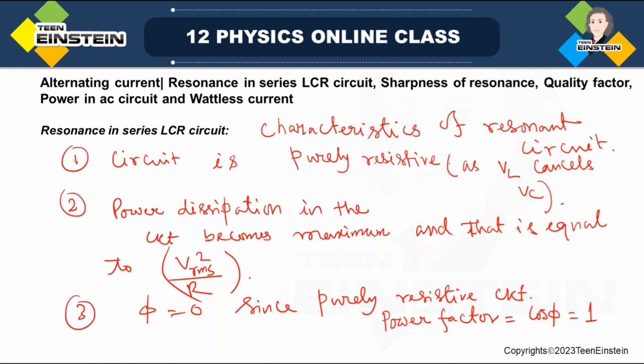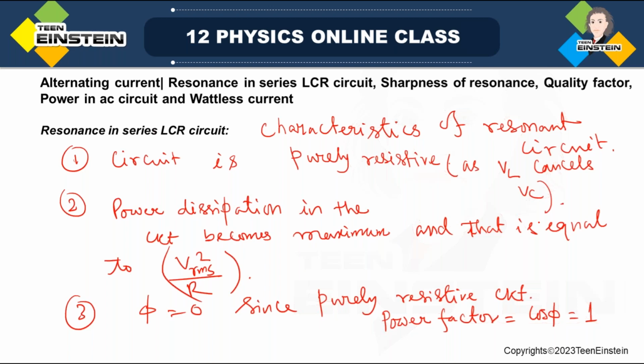This happens for all values of resistance, and in this case VL cancels VC, as I have already told.